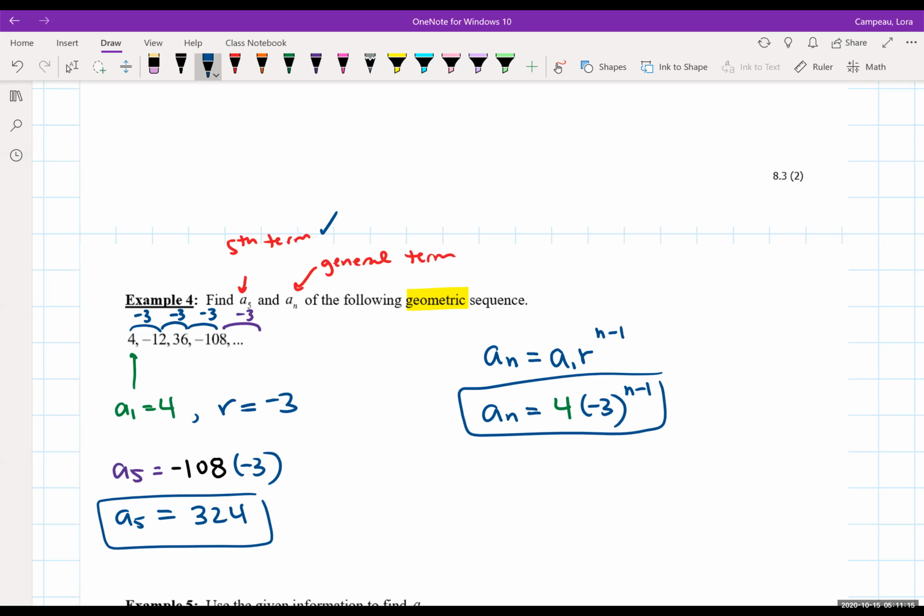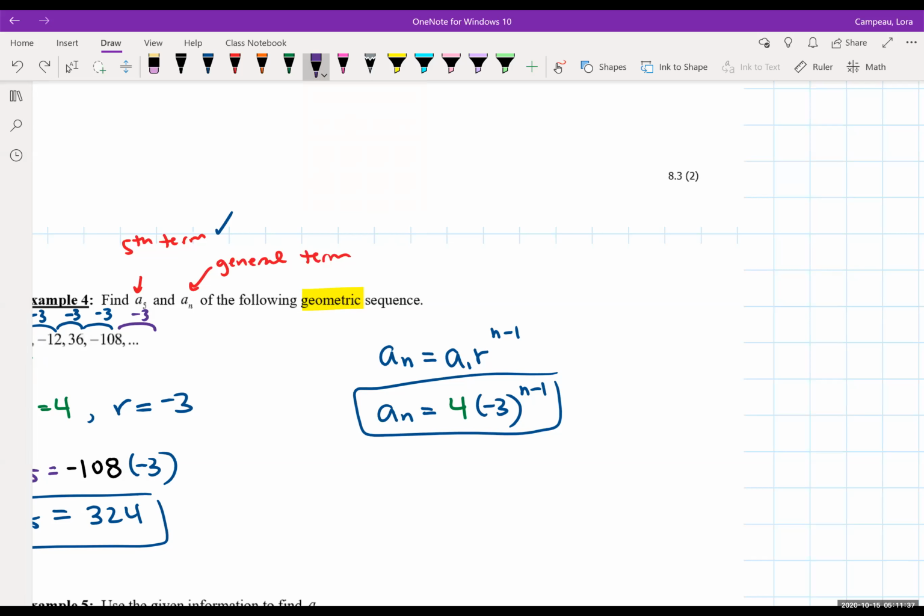And that's as far as we'll take it in this course. If you're interested, you can use the concept of exponent laws to help you get rid of this n minus 1. Sometimes this helps in future math courses. So it's just a little sidebar.